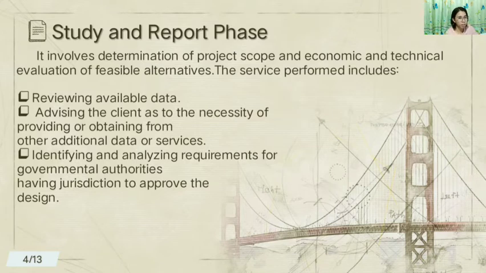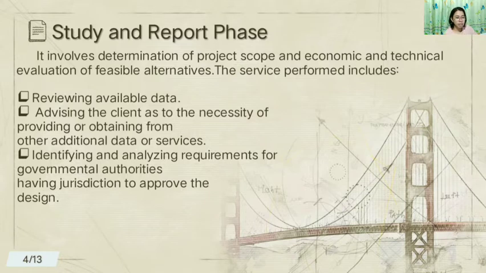This is the background checking of the future project, assisting with the client's requirements for the project, advising the client as to the necessity of providing or obtaining additional data or services. So, what do you mean by additional data or services? It is the topographic survey, traffic data, geotechnical, and so on.